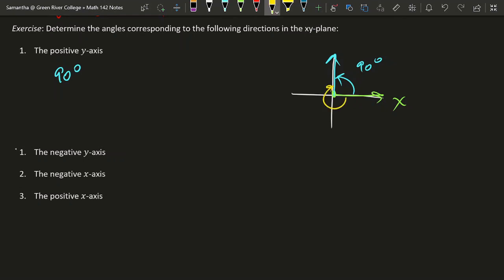I could go clockwise instead of counterclockwise. And I could go negative 270 degrees. This would be equivalent to taking 90 degrees and removing a multiple of 360, going in the opposite direction by a full rotation.